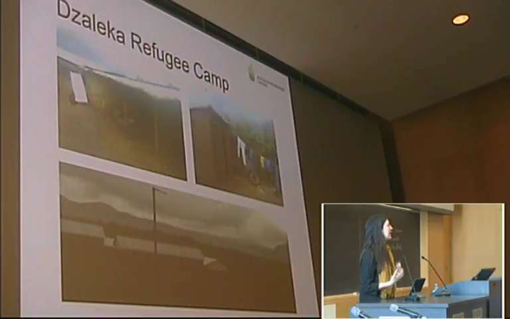So sometimes we think of refugees as an immediate emergency, but really there are these forgotten people who are stuck in limbo, living in a camp, born in a camp, and unsure what their futures will be. So in this particular camp, the UNHCR, the United Nations High Commission for Refugees, provides food to these 11,000 people.